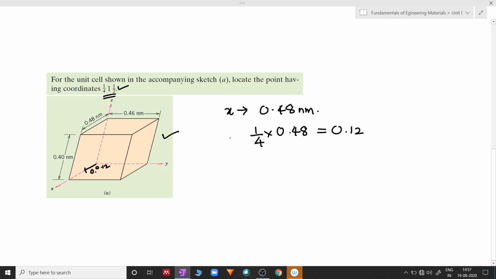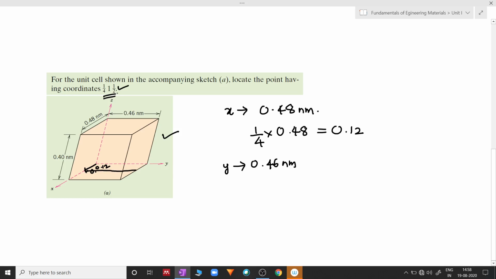Next, y is 1 unit. In the y direction, the edge length is 0.46 nanometers, and in the y direction I need to move one unit directly, means the entire length. So that is 0.46 nanometers.